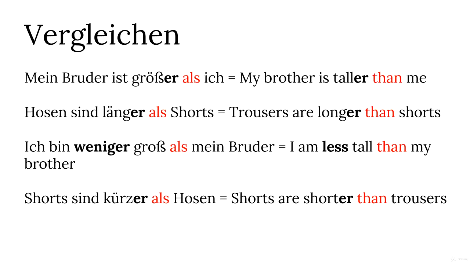In German, you say, mein Bruder ist größer als ich. So the er part stays the same and than would be als. And yes, als also means when, as in: als ich ein Kind war. But here, als means than. Als ich, than me.